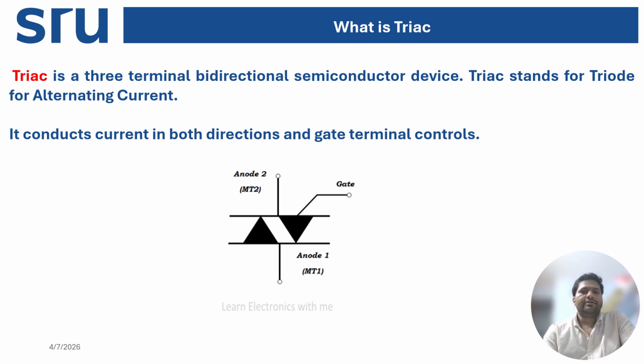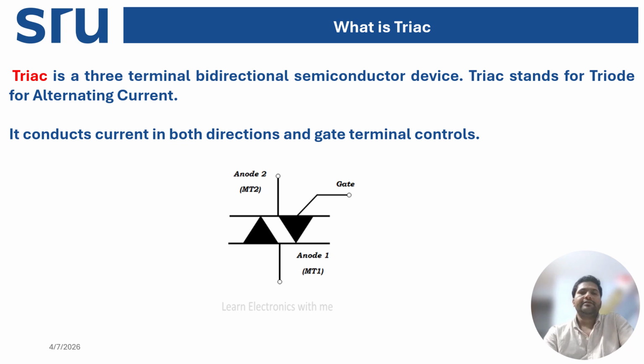So, the terminals of the TRIAC. A TRIAC has three terminals: main terminal 1, main terminal 2 and the gate. The gate terminal is used to trigger the device into conduction. Now the working principle: when voltage is applied across terminal 1 and terminal 2, the TRIAC remains off initially.